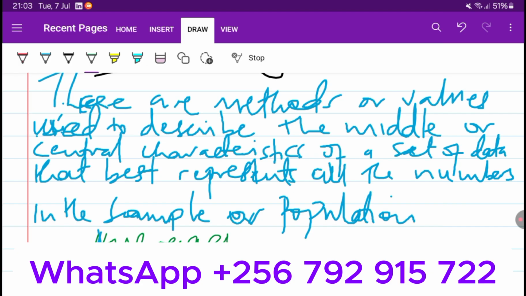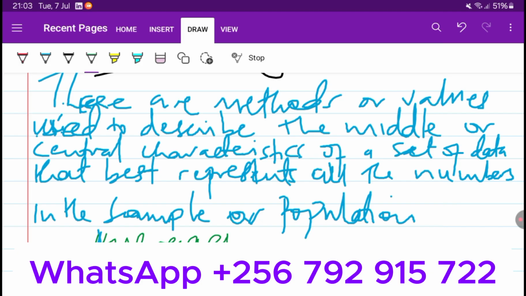And of course, we can also use it to do computations of various statistical measures, like the measures of dispersion, measures of skewness, and then the kurtosis.